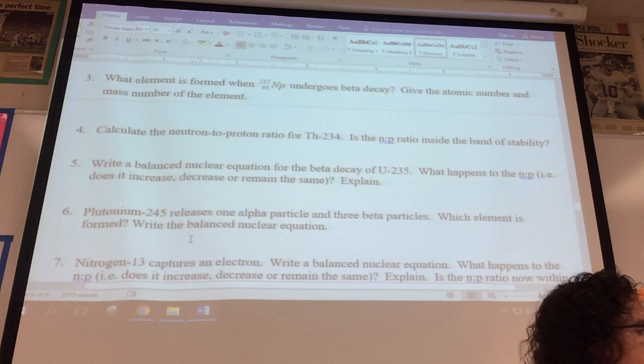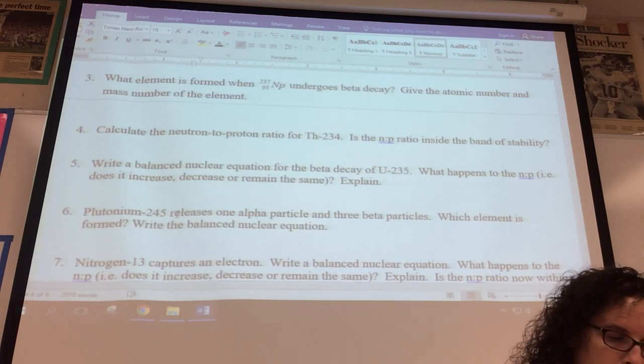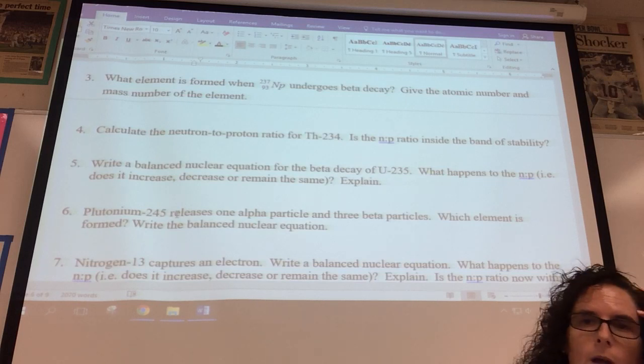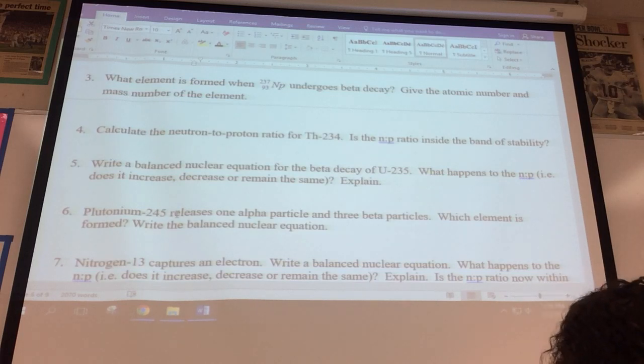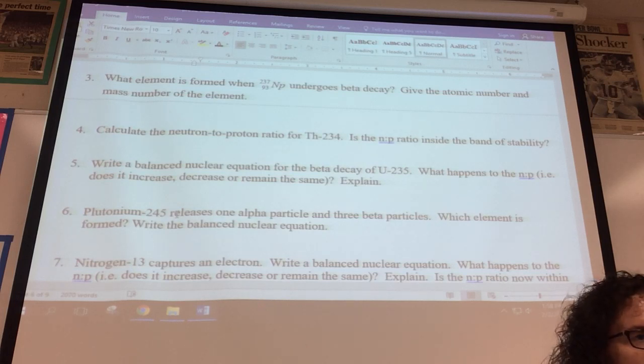I want to look at 4 and 5. Let's start with 4 and 5. On number 4, it says calculate the neutron to proton ratio for thorium-234. Is the ratio inside the band of stability? You try that one, you can do it. The band of stability is between 1 to 1 and 1.5 to 1.